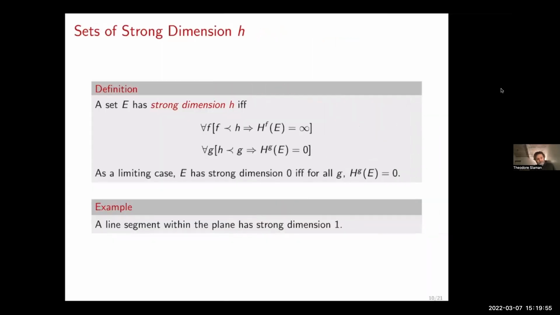So a good example, a line segment within the plane has strong dimension 1. And that goes with regard to what I was saying before. Okay, so now I think looking at gauge functions is interesting.